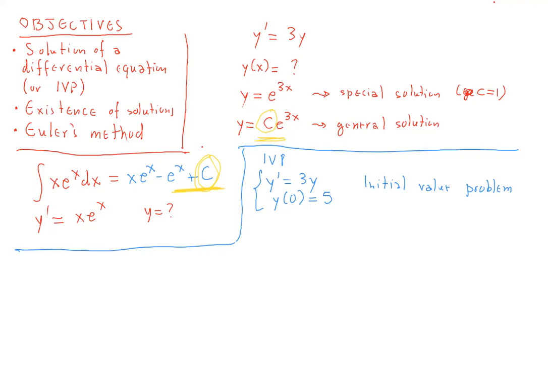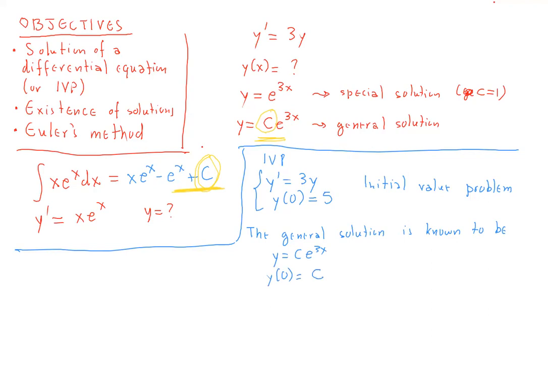And how do you solve this initial value problem? The general solution is known to be y is equal to c e to the 3x. So if we set y of 0, that will give us c on the one hand.